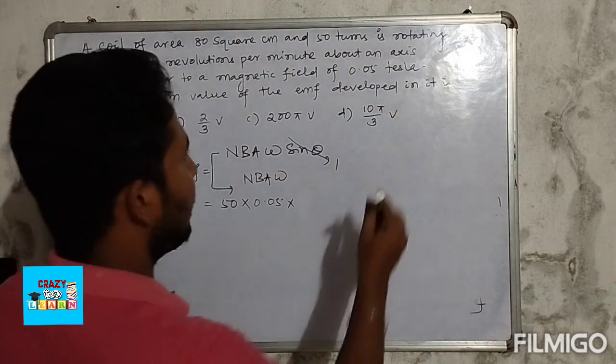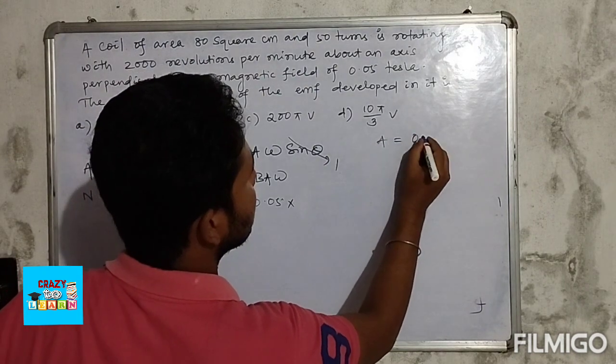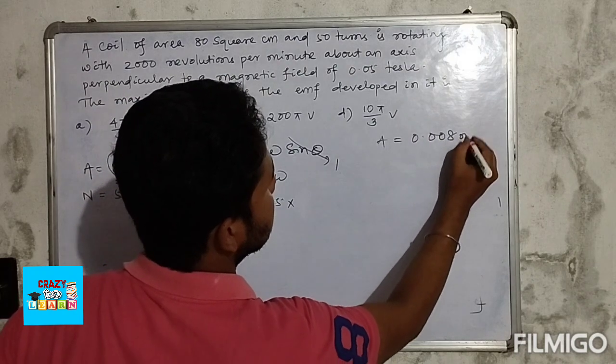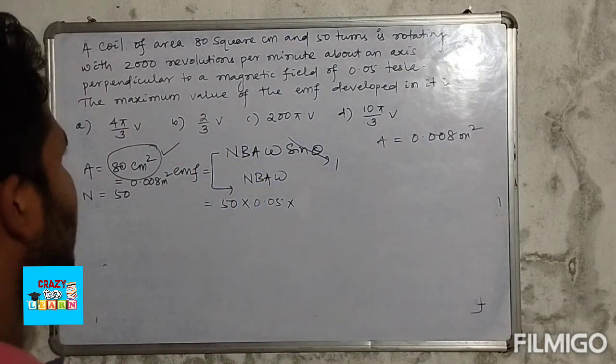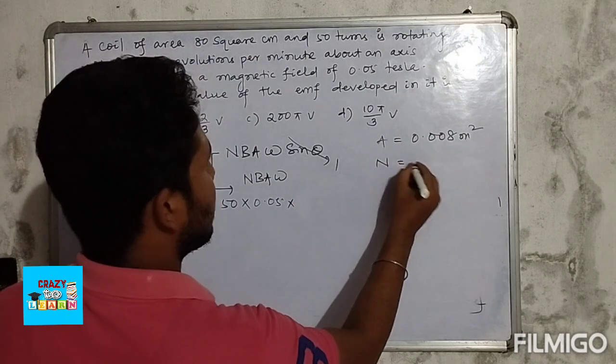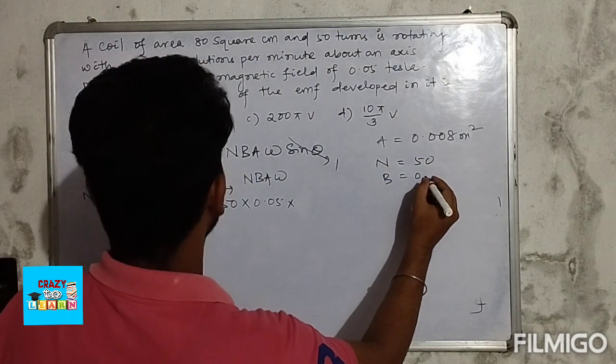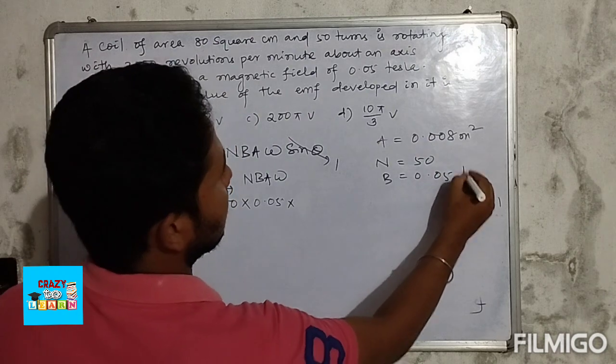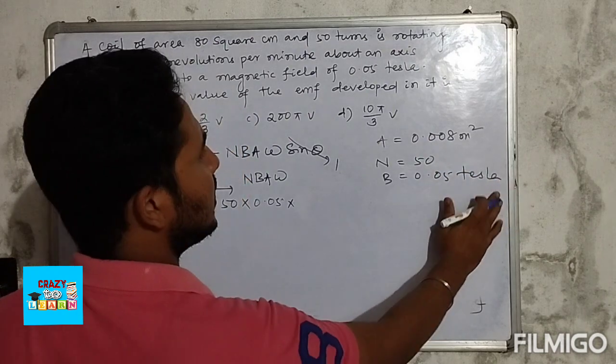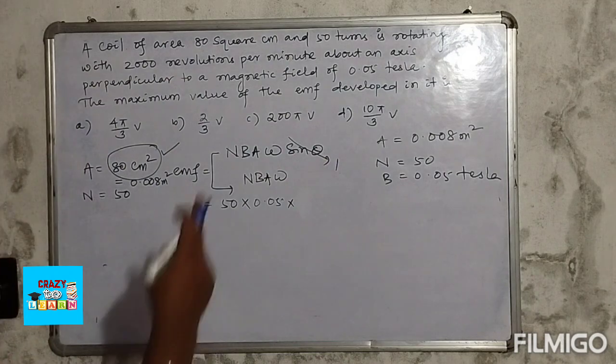So what is the value of A? Now we are getting 0.008 meter square. N, the number of rotations, is given to you as 50. B is equal to 0.05 Tesla. It is an SI unit, so no need of any conversion.